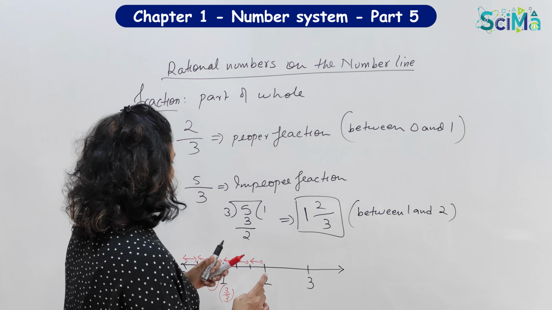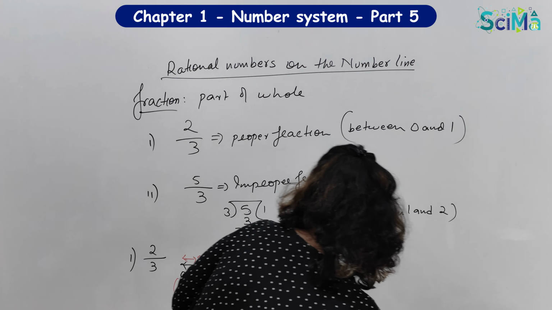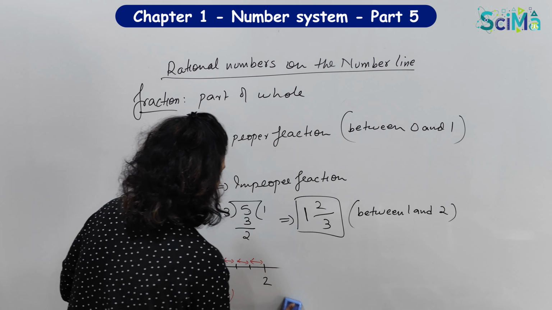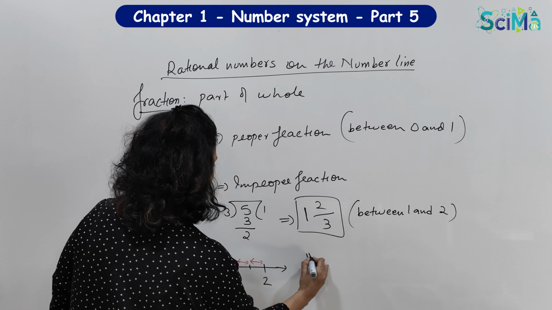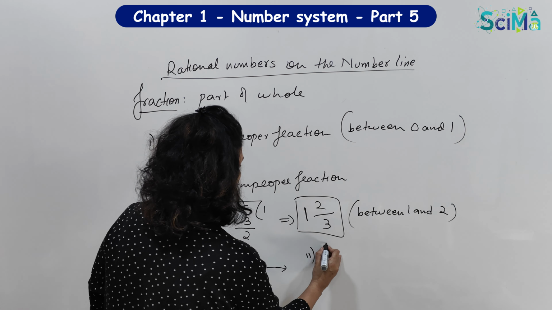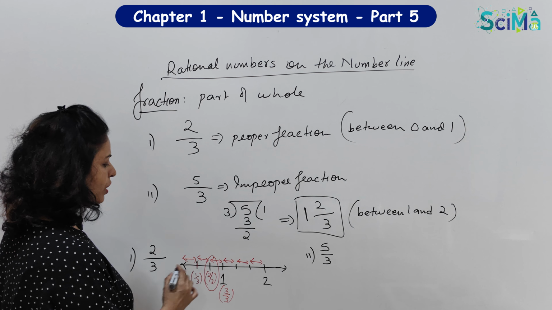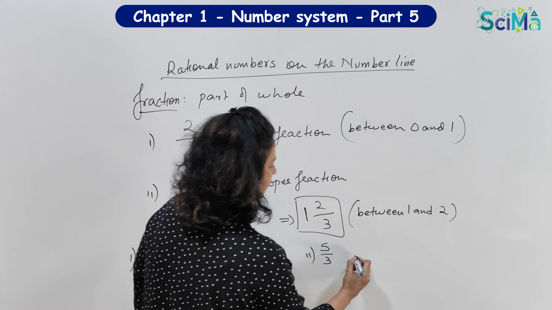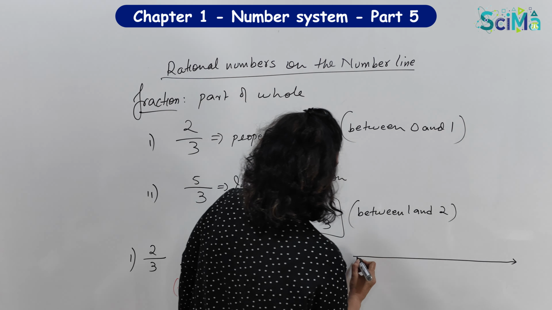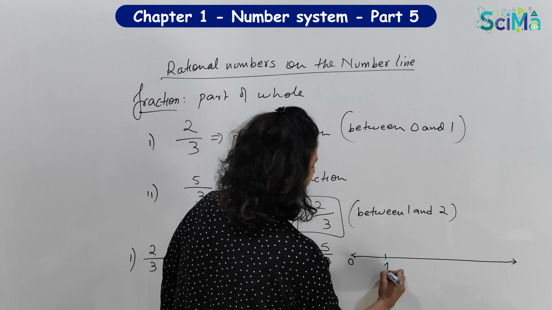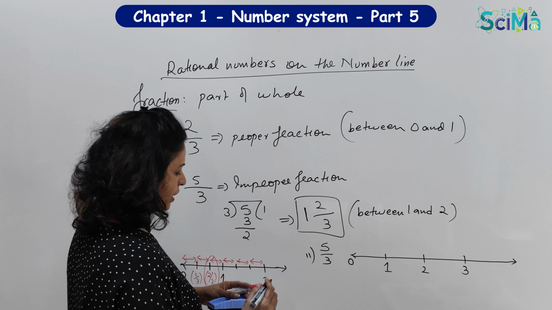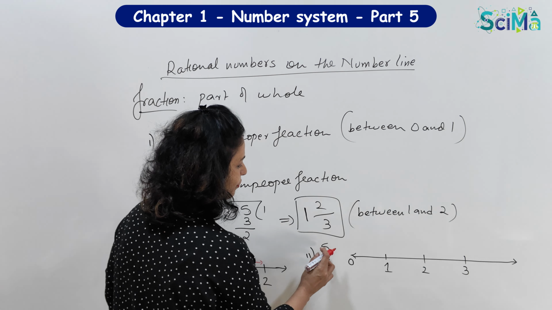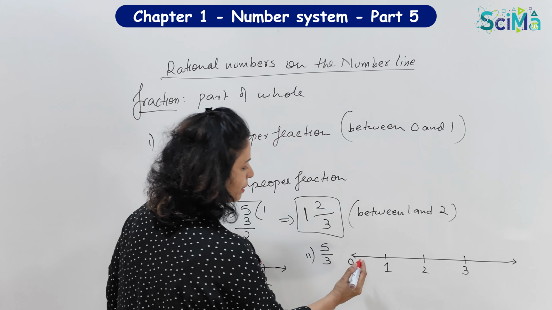Okay, now if we consider the second example, 5 by 3. This also you can follow the same method. 0, 1, 2, 3 and so on. Here it is 5 by 3. We have to again divide into 3 parts, right?